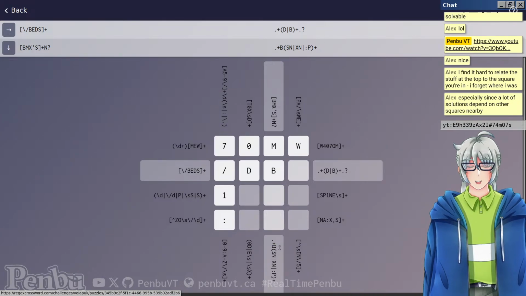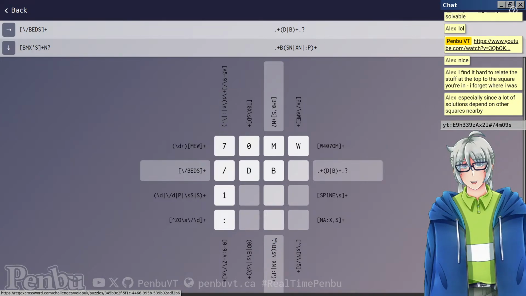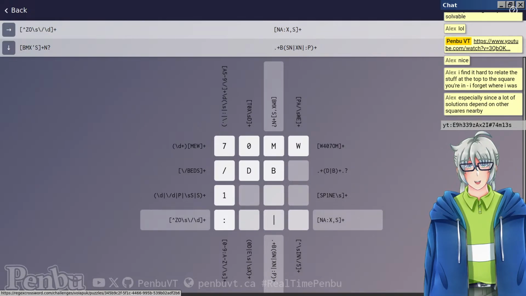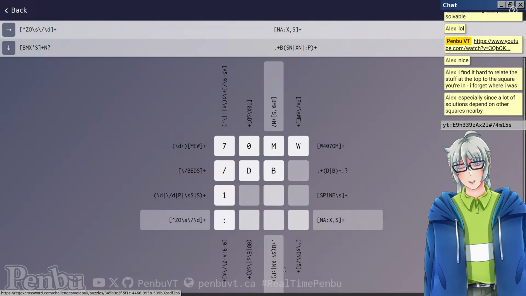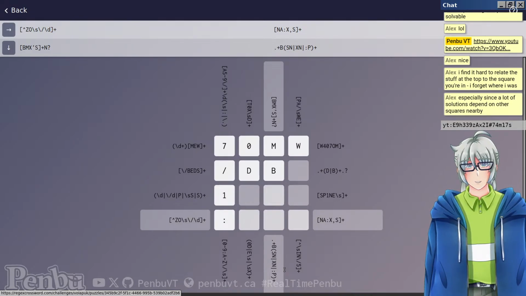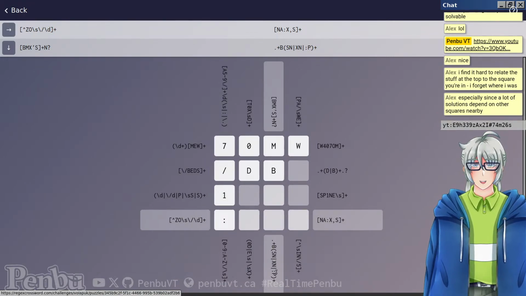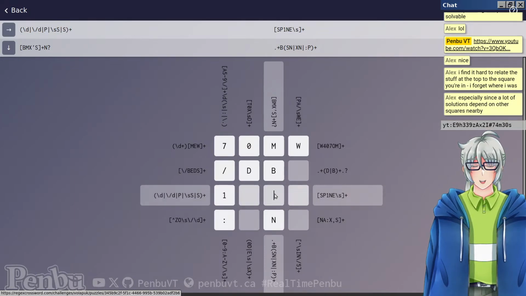Oh, yeah. Okay, so the B is constant there, which means dot plus only is this one. Which means the next ones are two characters, which we already know, because all three of those options are two characters only. So what else do we know? It can't be a P, because P is not in the set, so this has to be an N. Which means this is either an S or an X. X is not in this set, so this has to be an S.